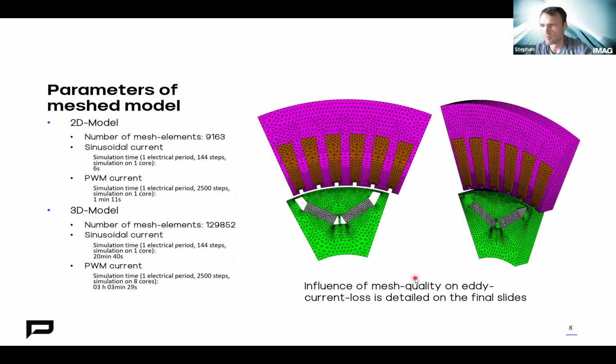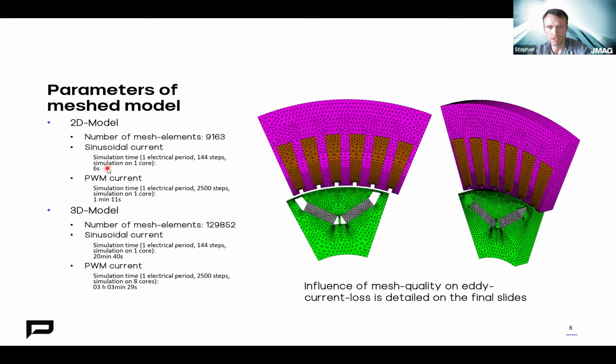Here again we see the meshed model I have used. Just to shortly explain, the 2D model has roughly 9,000 mesh elements, and for the simulation with the sinusoidal current, I simulated one electrical period and split this period into 144 steps, with the simulation on one core.